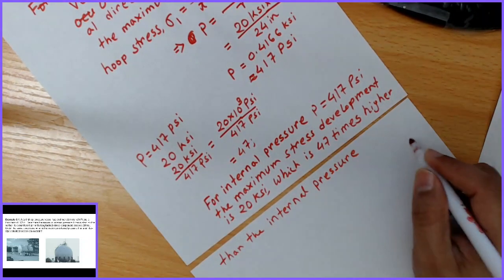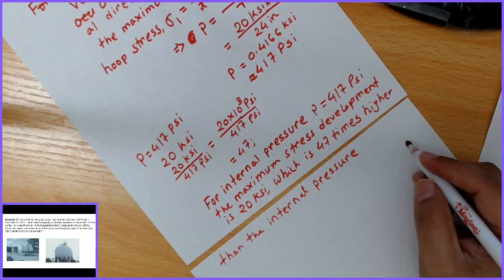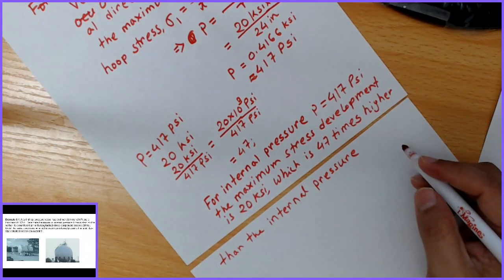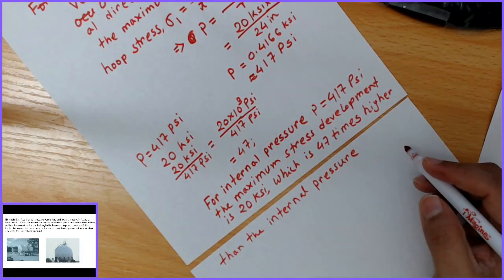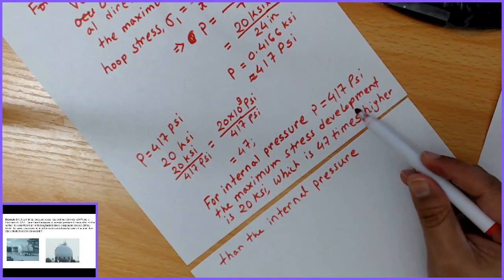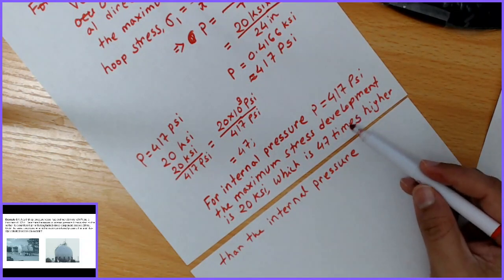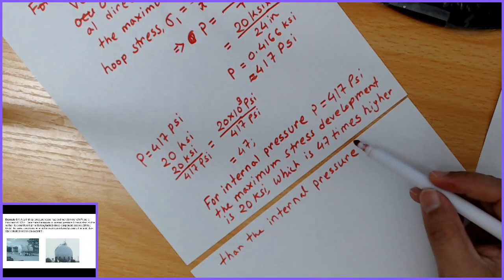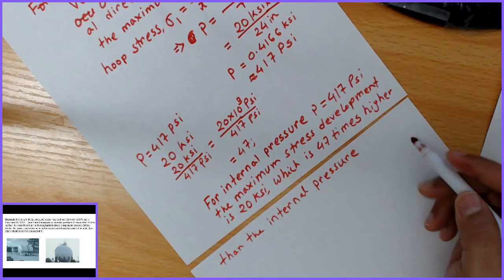So I think you understand how this small pressure, just 417 psi, generates a stress of 20 ksi, which is 47 times higher.